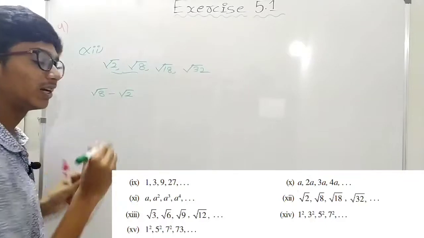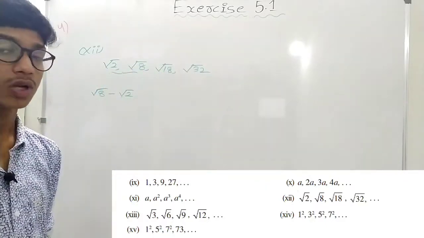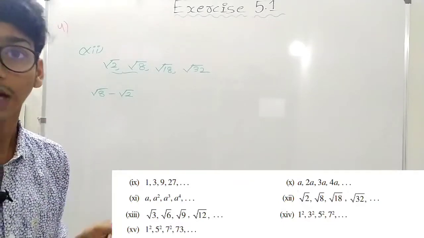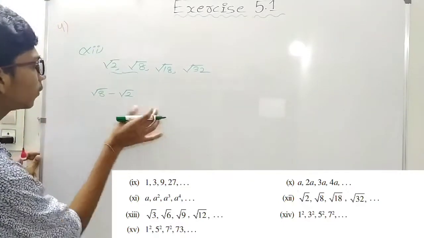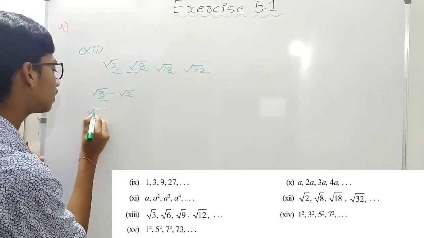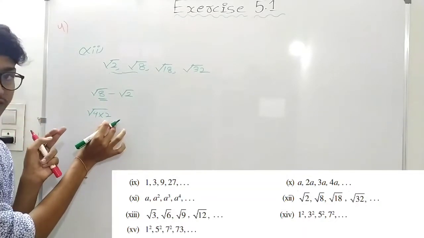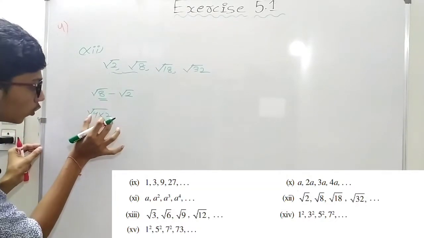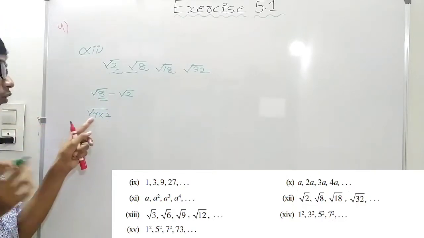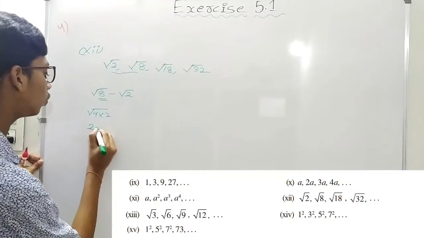To find whether it is in arithmetic progression, we should take the difference between two terms, so that if it is a fixed value, we can say that it is in arithmetic progression. So root 8 minus root 2. Root 8 can be written as root 4 into root 2. 4 into 2 is 8, and we know that root 4 is 2, so 2 root 2.